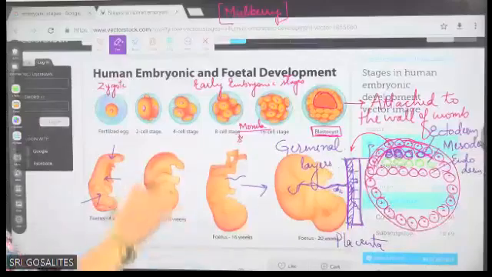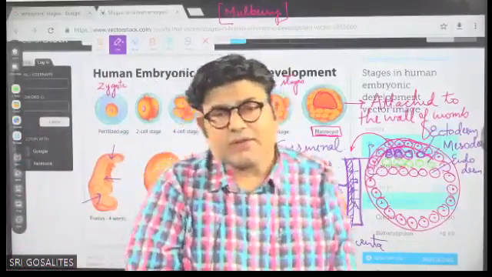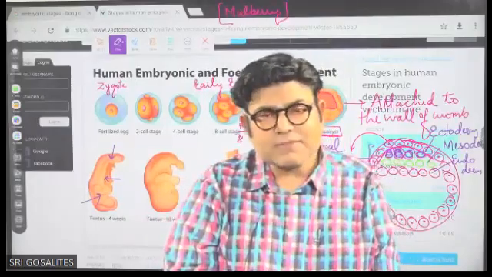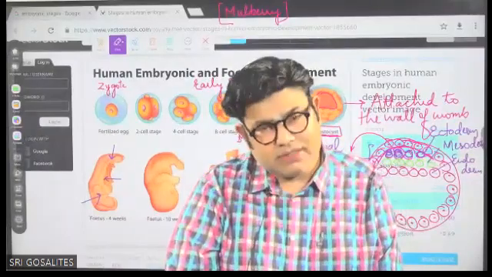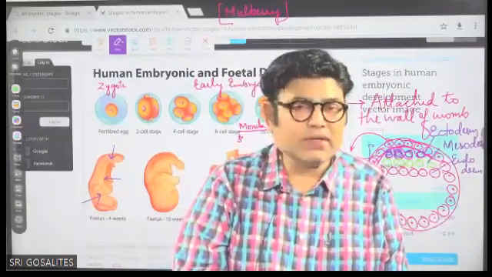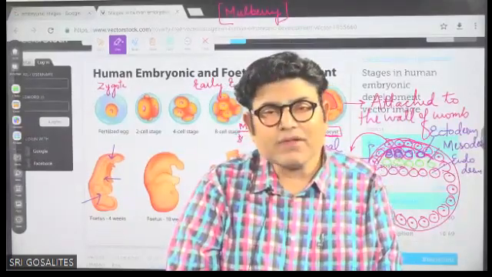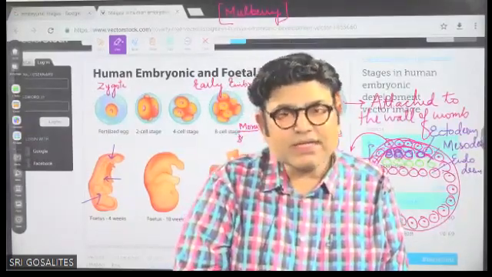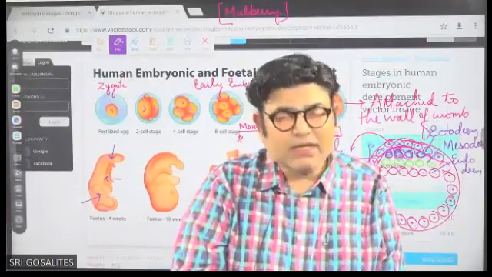It should be. But there are some animals that don't have mesoderm. They are very, very basic animals. They have not evolved to having the mesoderm in their germinal layers. They only have ectoderm and endoderm. Make sense? These animals are known as diploblastic. Diplo means double.